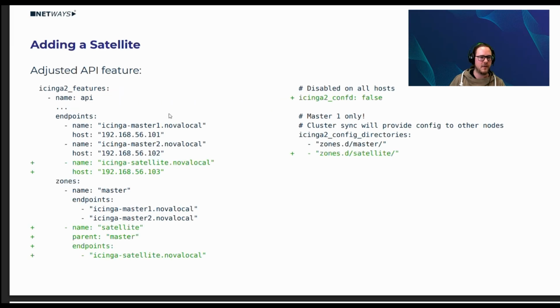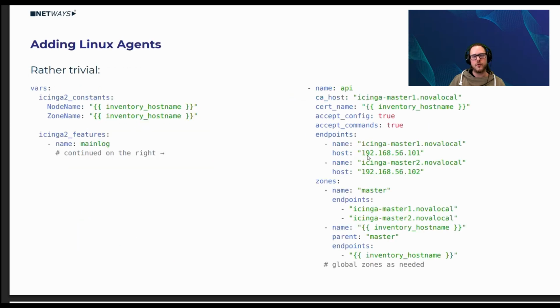And this is basically what we need to do. We need to add the satellite to the master variables, also the satellite zone. And what we want to do, we want to disable conf.d on every Icinga host because we don't need that. And importantly, again, on master one only, on our config master, we want to add the satellite zone so we can actually put configuration in there.